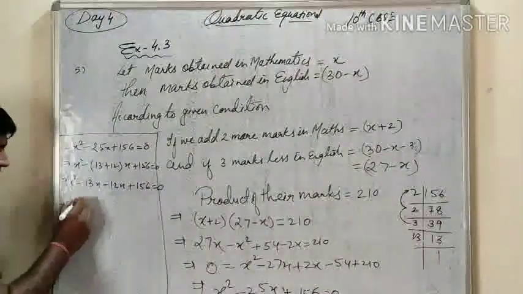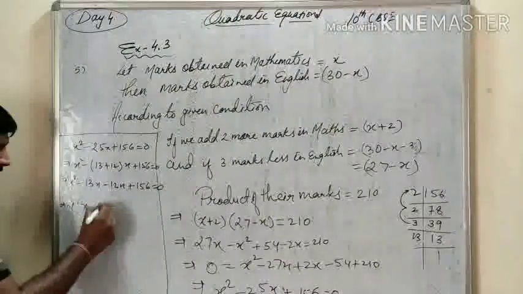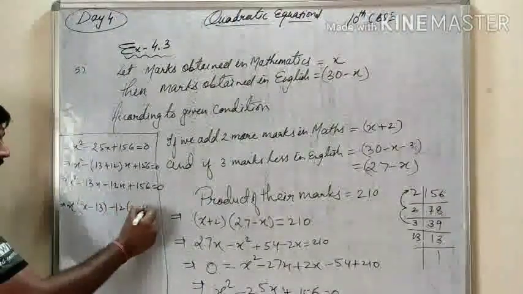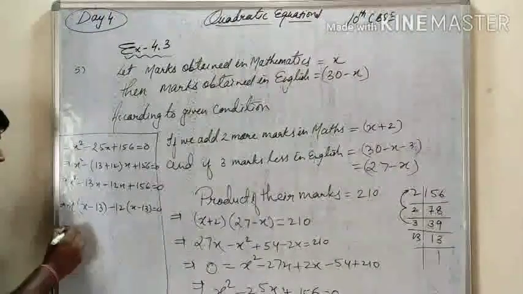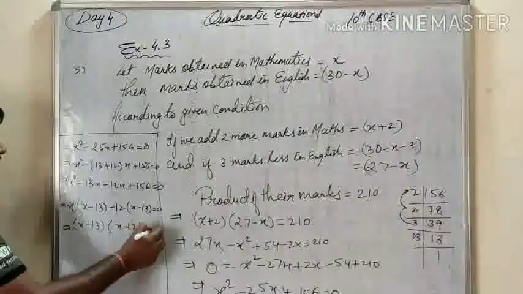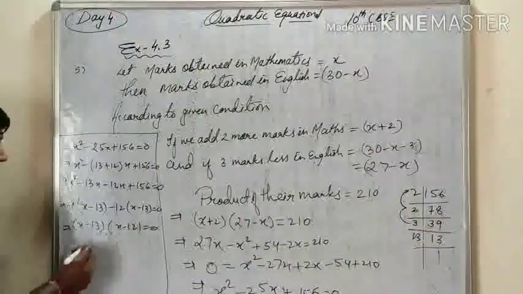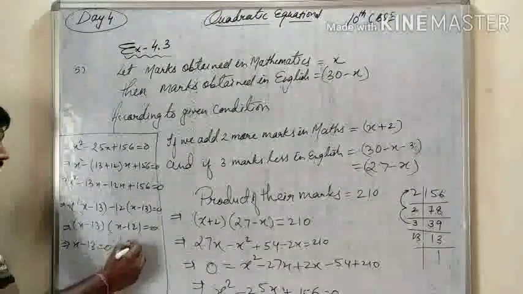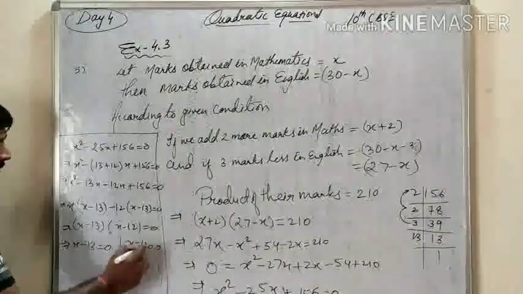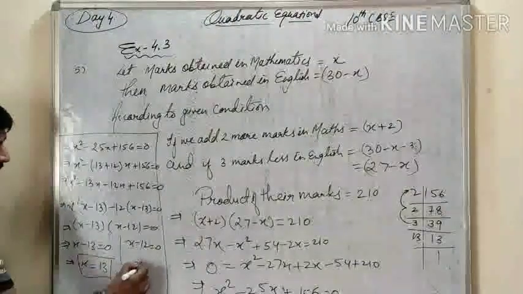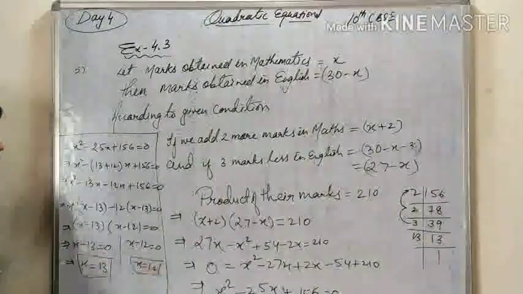In the first two terms I take x common, so x minus 13 is left. In the other two I take negative 12, so I get x minus 13. Now the common bracket, so we write separately and we get two solutions of x. First is 13 and second is 12.